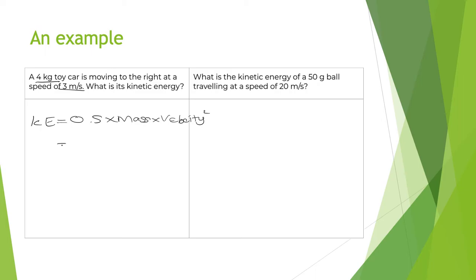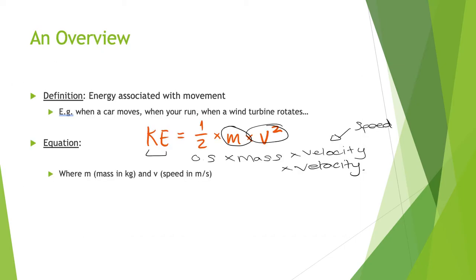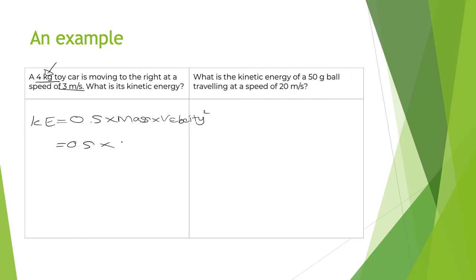So we have 0.5 multiplied by the mass, which is in kilograms. Remember, the units for mass is kilograms, so we've got the right units. So we can put 4 multiplied by the velocity, 3 meters per second, but don't forget your squared. Then we can put the equation that we've made into a calculator.